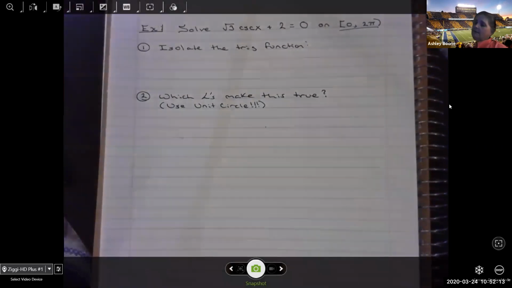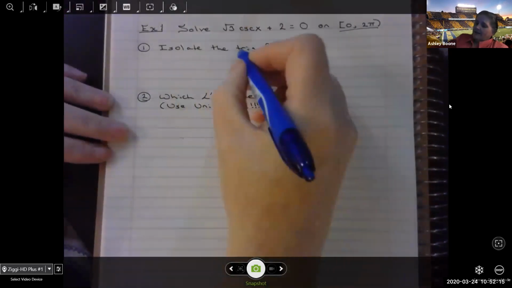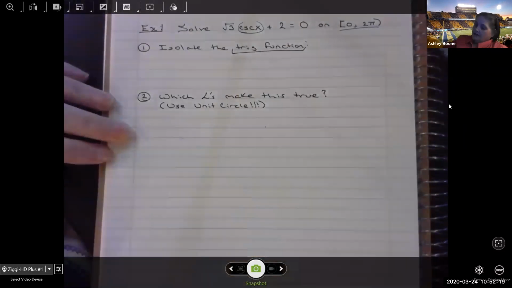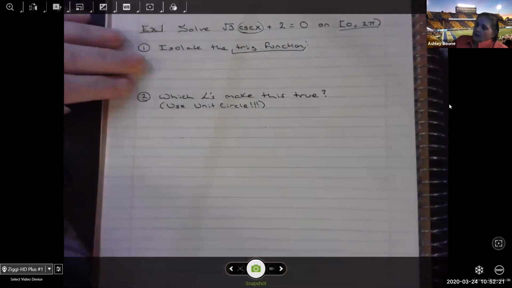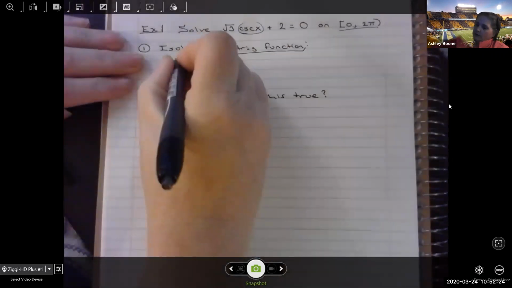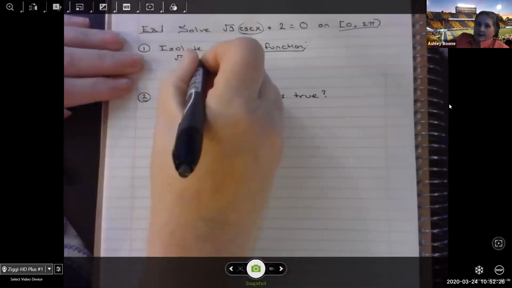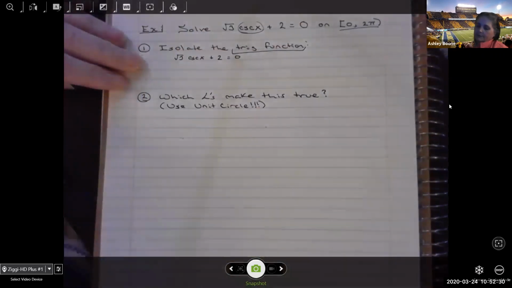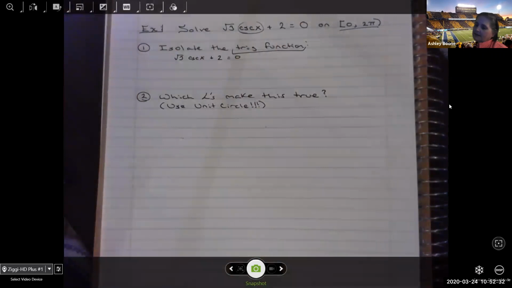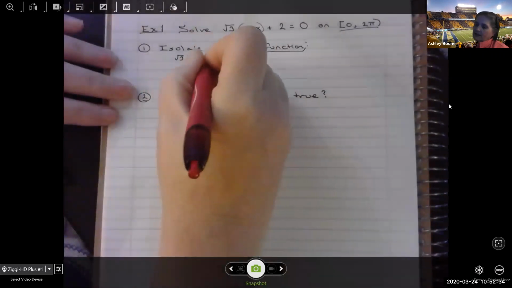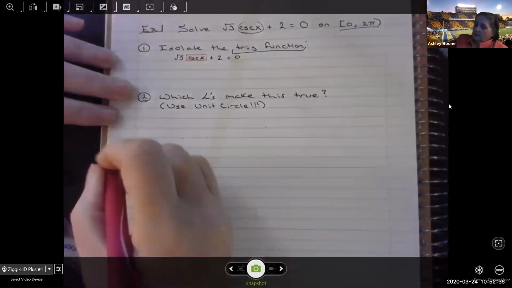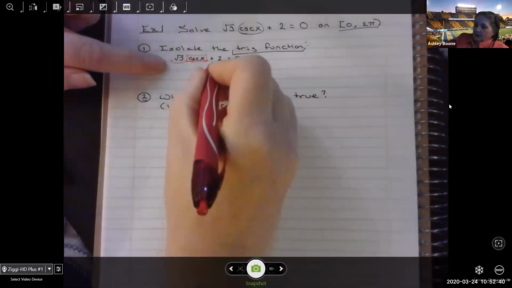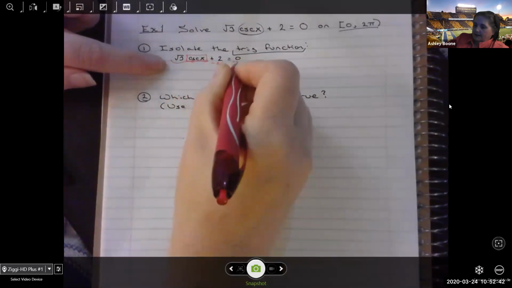Our first step in solving this is to isolate the trig function. Our trig function is cosecant of x. So I'm going to start with the square root of 3 cosecant of x plus 2 equals 0. And my goal is to get the cosecant of x alone. So the first thing I'm going to do is get the term with cosecant alone. Since I'm adding a 2, I'll subtract a 2 from both sides.